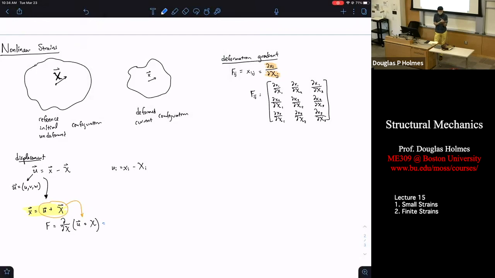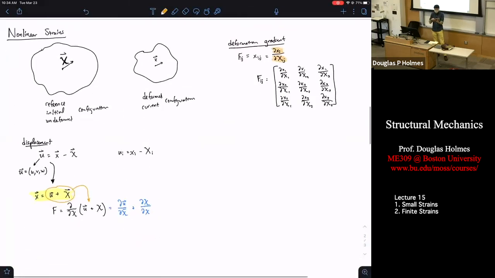And what happens when you do that? Well, you get something that looks sort of like this. You get something that's like dU/dX plus dX/dX. And what on earth is dX/dX? That seems like that should simplify out. It looks like it should be 1. It's actually not 1. Because these are vectors, it's actually the identity matrix or Kronecker's delta.